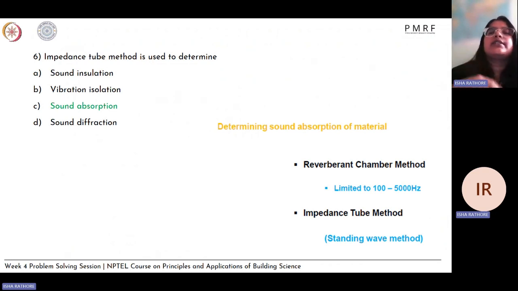There are two different methods for determining the sound absorption of materials: the reverberant chamber method and the impedance tube method. Further details can be found in the lectures on this topic. So the correct answer is C, sound absorption. Again, which methods are used for determining what is also essential from an examination point of view, so keep a lookout for those as well.